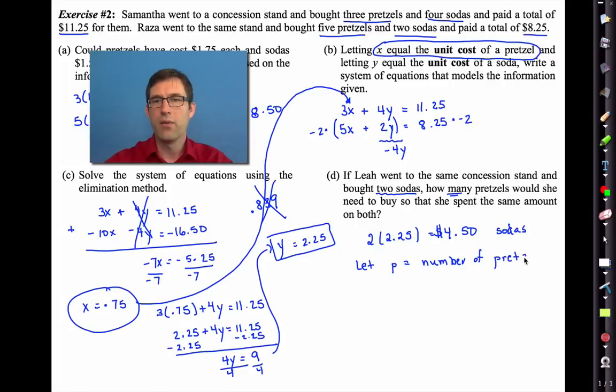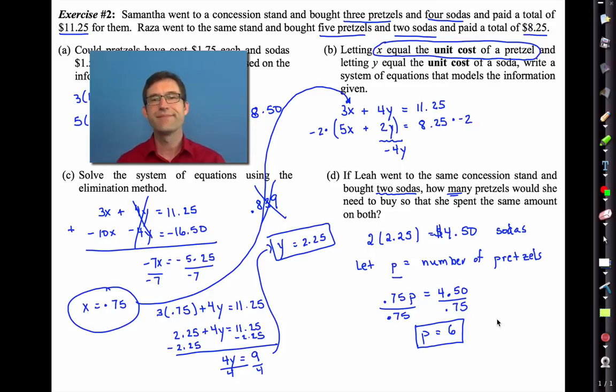Now what do I know? Well, I know that if I take the number of pretzels and I multiply by how much a pretzel costs, which is 75 cents, that's got to be equal to $4.50. So I'm going to divide both sides by 0.75. And I'm going to find the number of pretzels to be 6.